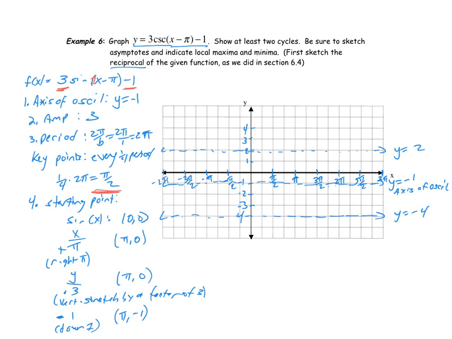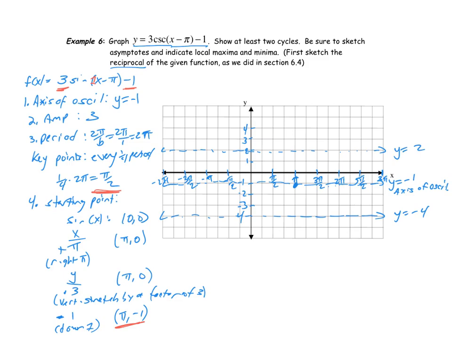And now we are ready to graph the sine function, the reciprocal function. We had a starting point at pi, negative 1. So I'm going to put that point on our graph. Now we need to determine, do we go up or down as we go from left to right?